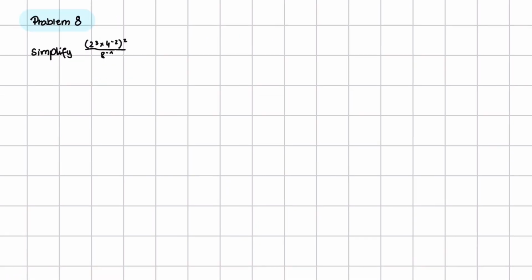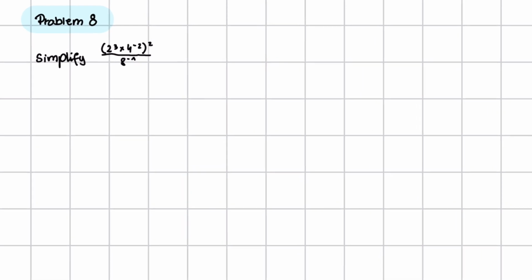Now we have problem number 8, and we have to simplify the fraction. And firstly, we can see that every number 2, 4, 8 are somehow connected, because we can write 4 as 2 to the power of 2 and 8 as 2 to the power of 3. And we can use this to simplify our fraction.